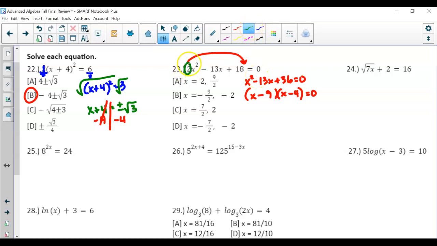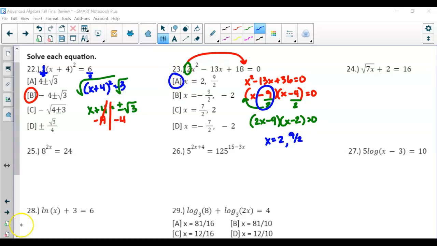But whatever you multiply by in bottoms up, divide by 2. So this is 2x minus 9 from bringing the bottom up, and x minus 2. But again, solving, change those signs. So x is equal to a positive 2, and positive, here's your fraction, 9 over 2. That's why the answer is A.